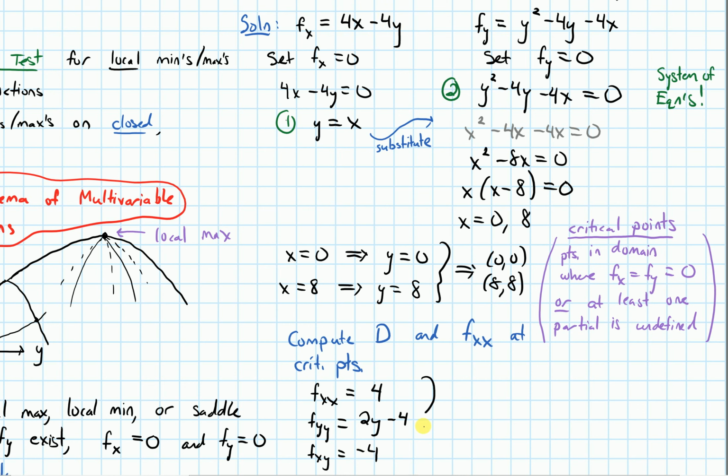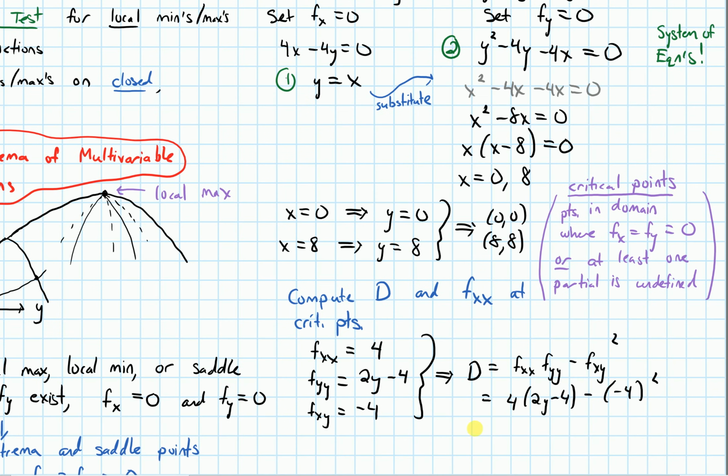All right, so now that we have this, we're ready to write down that determinant, D. And remember, our formula for it was fxx times fyy minus fxy squared. So plugging in for these values, fxx is 4, fyy is 2y minus 4, and then minus fxy squared, where fxy is negative 4.